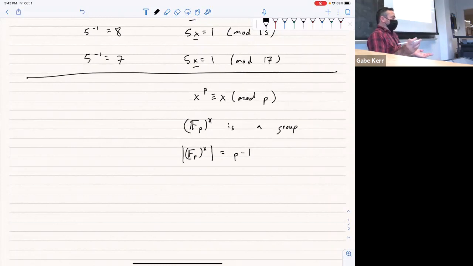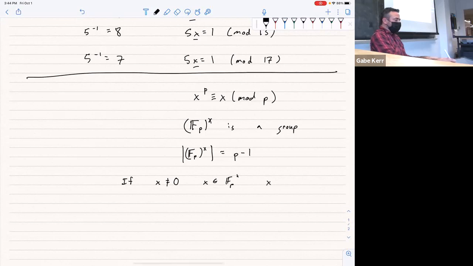You can then use that to say the order of any element of a group must divide the order of the larger group. So if x is not equal to 0, that means x is in here.